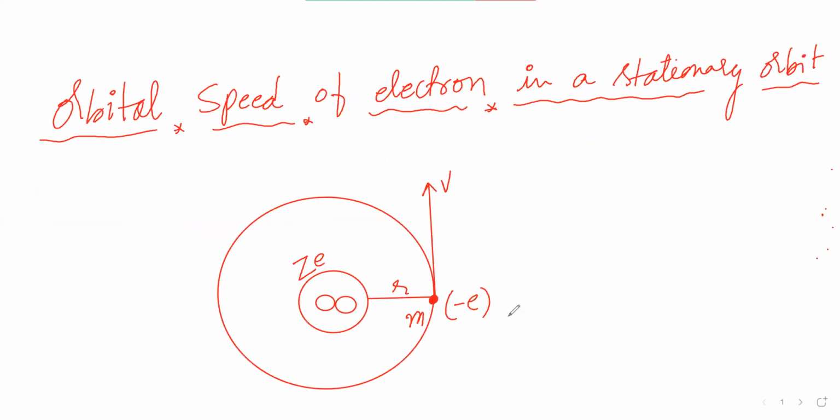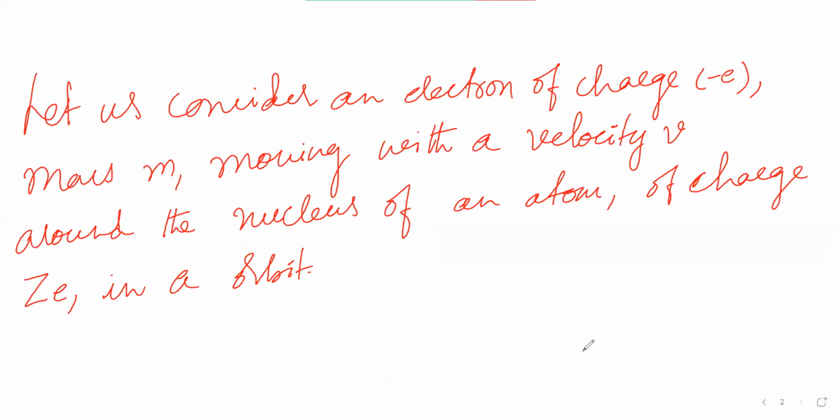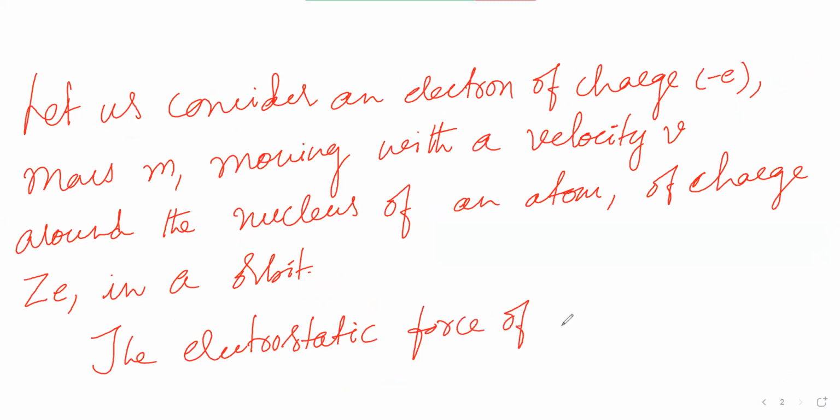When the electron revolves around the nucleus of an atom, it experiences a force of attraction. That force is the electrostatic force of attraction between the central nucleus and the electron.